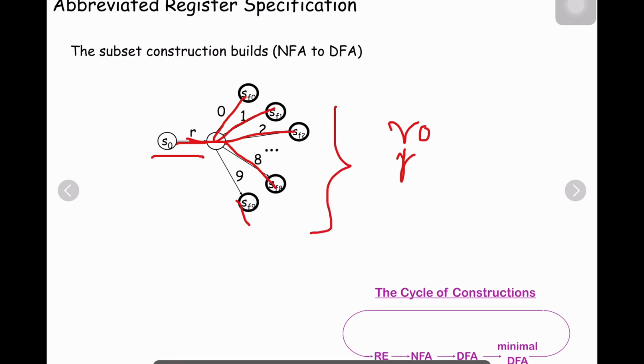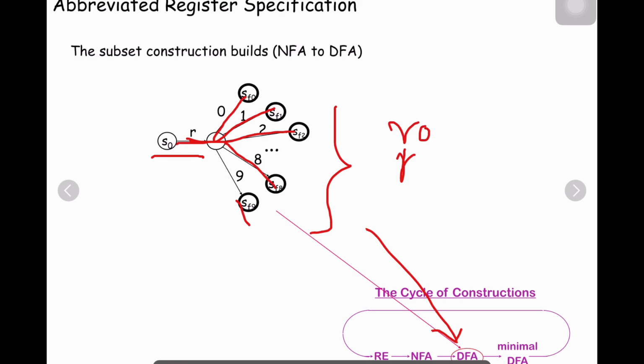This is a DFA, right? You saw in the previous slide a big huge diagram with a large number of states. As I converted it into the DFA, the number of states has been reduced.